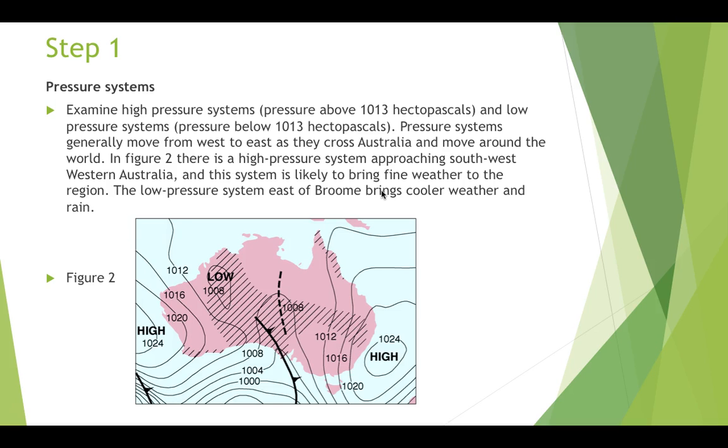So if looking at this figure 2 down the bottom, we can see that the high from southern Western Australia is moving from the west to the east. And this system is likely to bring fine weather to the region. The low pressure system east of Broome, okay, that's Broome around here.